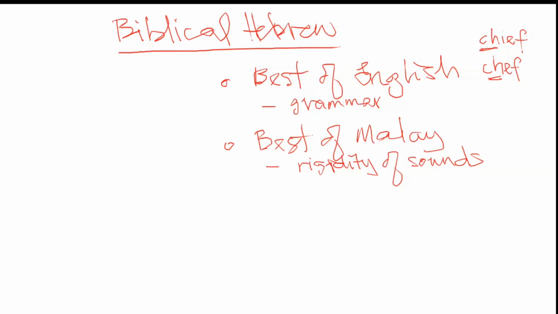Because looking at a word doesn't mean it's pronounced that way. And that's why English is very difficult to learn if your background is Chinese. It's a very big challenge because you'll be trying to figure out what's the rule there. Why is the first one chief and the second one chef? It's completely different in its pronunciation, and that's to do with the history of the language. So I would say that the rigidity of the Malay language is what is needed in Hebrew.